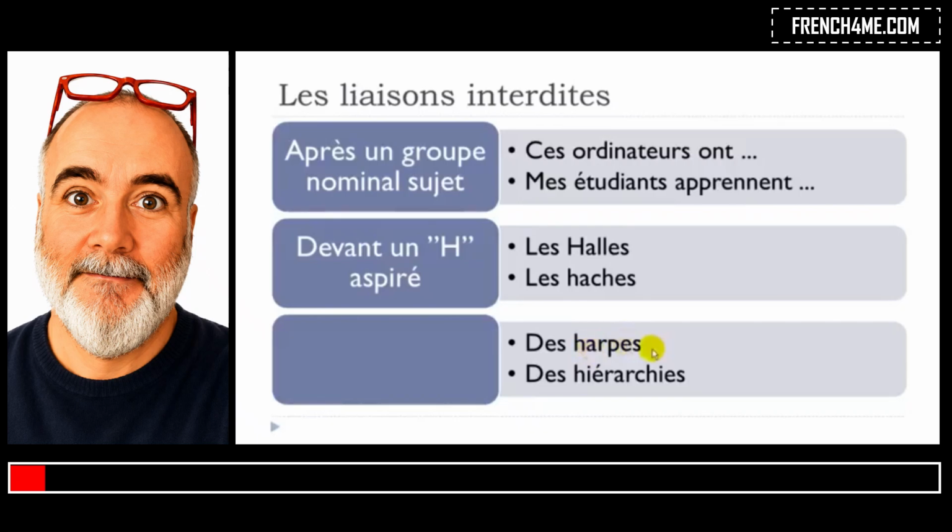Des harpes. And the last one, hiérarchie. Des hiérarchies. Okay, so just to show you that it's not only with A, because I've got three examples with A, but in that case it's I, des hiérarchies. All right, so no liaison here, here, here, and here, because these words are starting with what we call H aspiré.